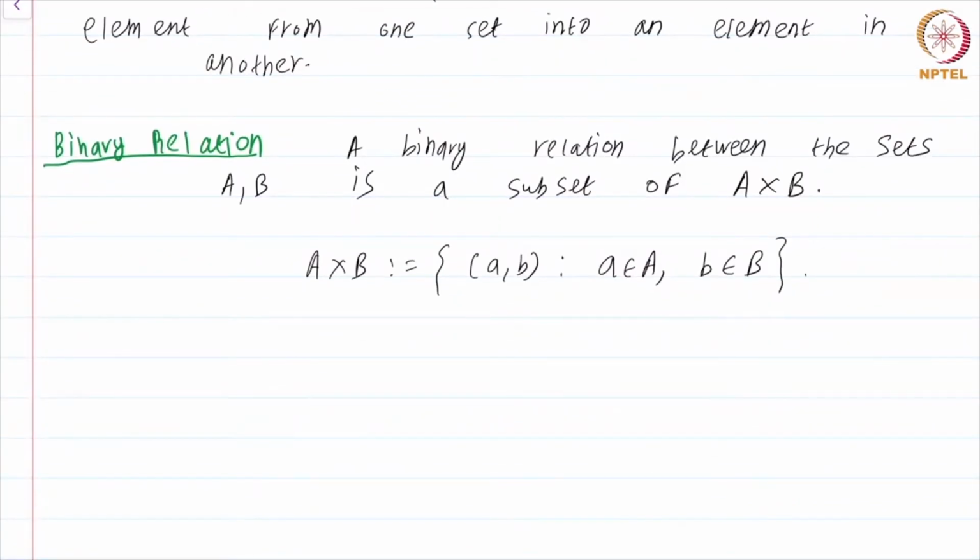Well, you will have to wait till the module on axiomatic set theory to see the definition of an ordered pair, but let me just say that the ordered pair is characterized by the following property, that (a, b) is equal to (c, d) if and only if a equals c and b equals d.